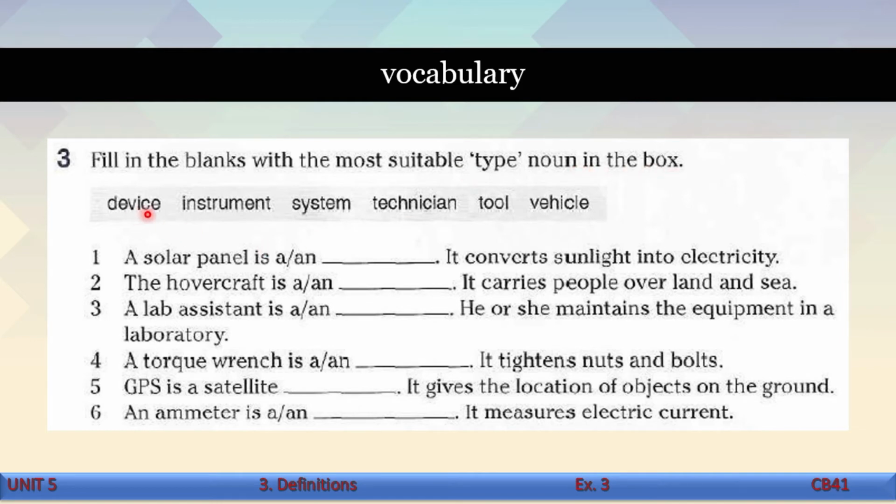We have device, instrument, system, technician, tool, and vehicle. They are all generic nouns. They represent categories. Now, pause the video and do the task.